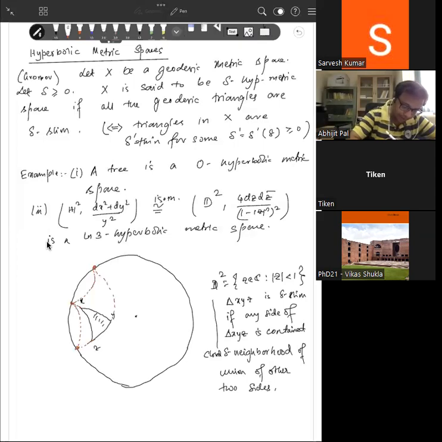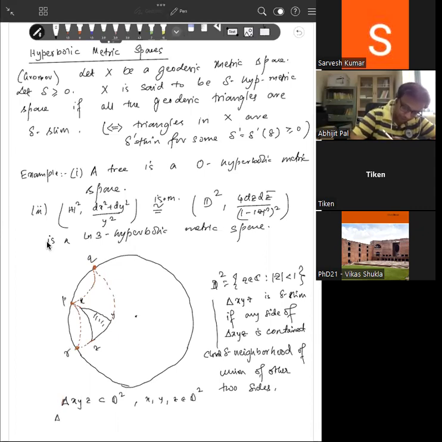This black triangle is inside. So this triangle XYZ is inside this Poincare disk. All the vertices XYZ belong to the Poincare disk. Okay. Now you can extend the sides like this, and we get another triangle.